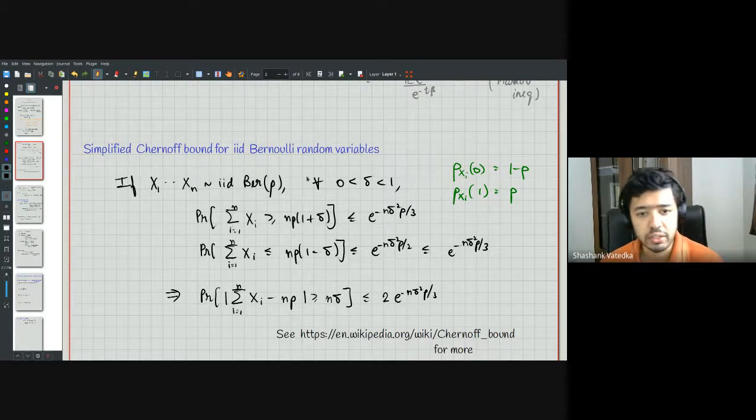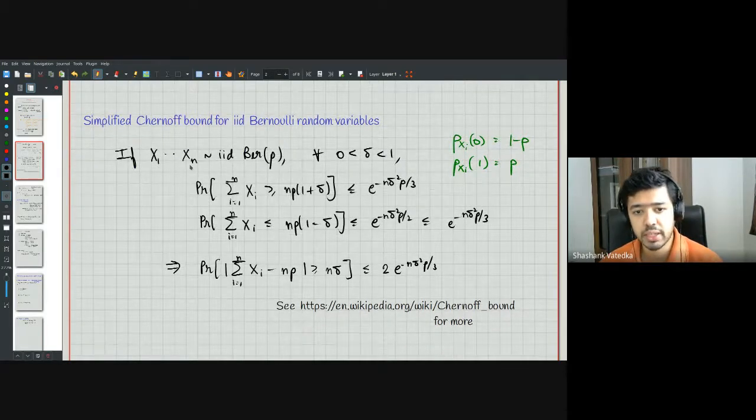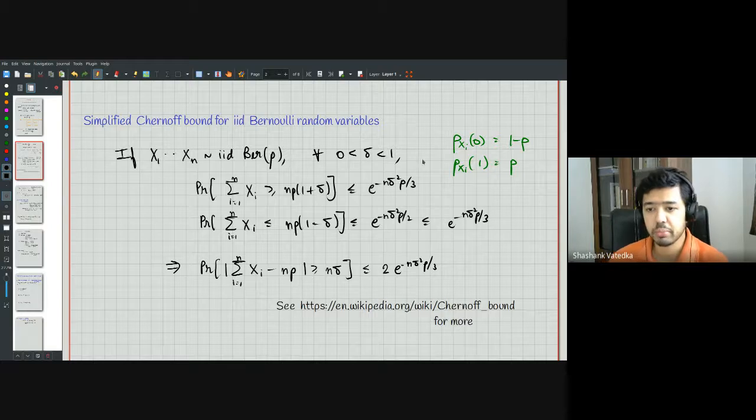So you can show that if x1, x2 up to xn are n IID Bernoulli p random variables, which means that each xi takes value either 0 or 1, and the probability that xi equals 1 is equal to p, then the probability that their sum exceeds the mean n times p by an amount n p delta is upper bounded by this quantity over here, which is exponentially decaying.